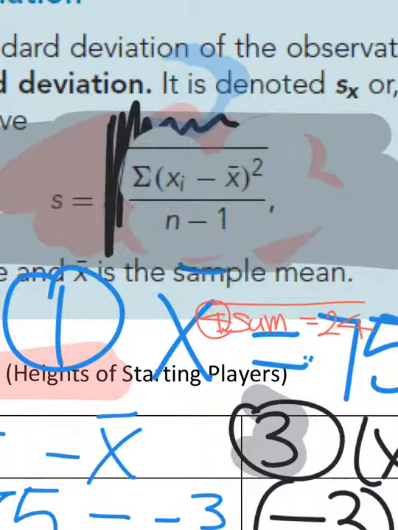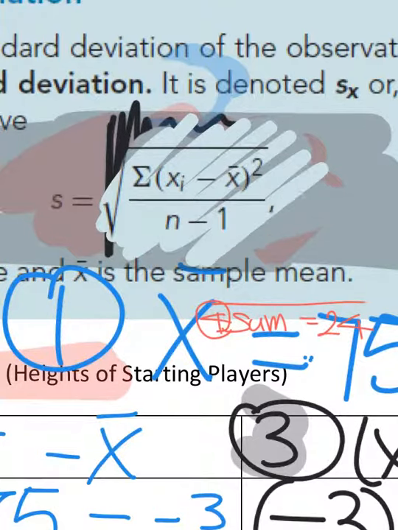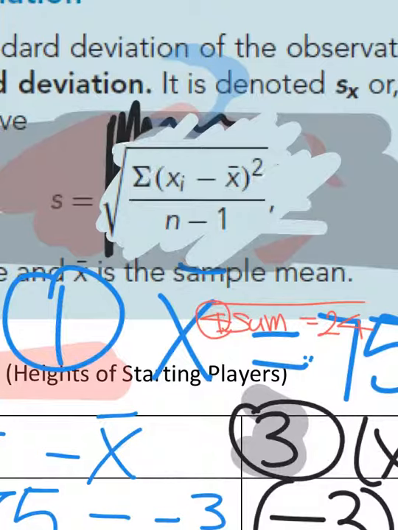You know, we applied 5 steps. In step number 1, we took the mean. In step number 2, we took the difference. Step number 3, square. Step number 4, take the sum. Step number 5, divided by n minus 1.